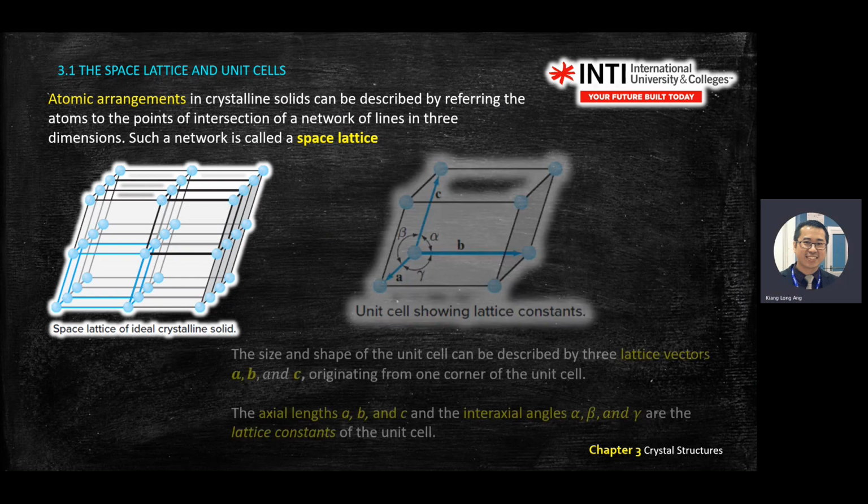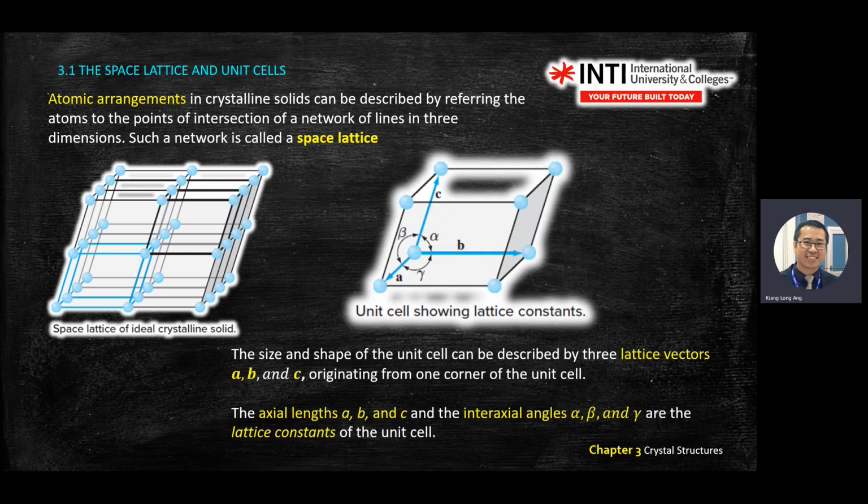Okay. So these are the parameters we use in analysis. You will see this is a unit cell showing lattice constants. When you have a cube, in material science we don't use the word cube, but we use lattice or unit cell. So you have a, b, c, and you have atoms on the corners.